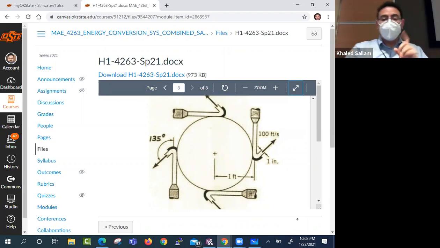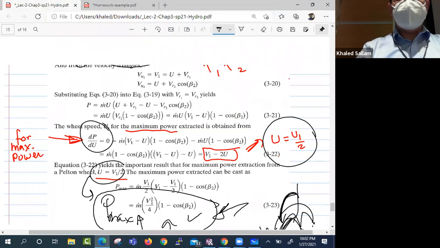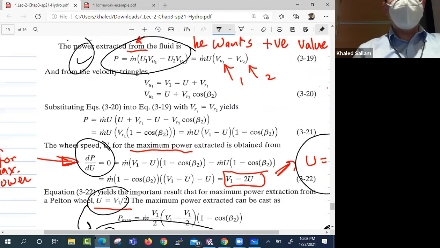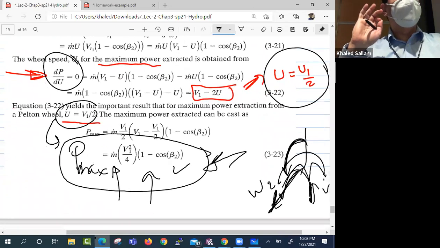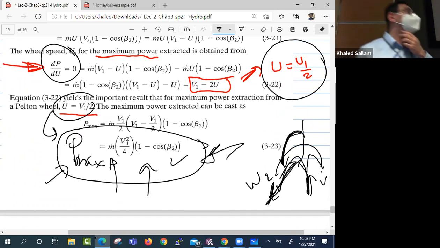Okay. So I want to recap by saying that there is this power for any turbo machine. This is the equation that we use. But specifically for the built-in wheel optimized, you will use this for Pmax. Optimized meaning U is V1 over 2.